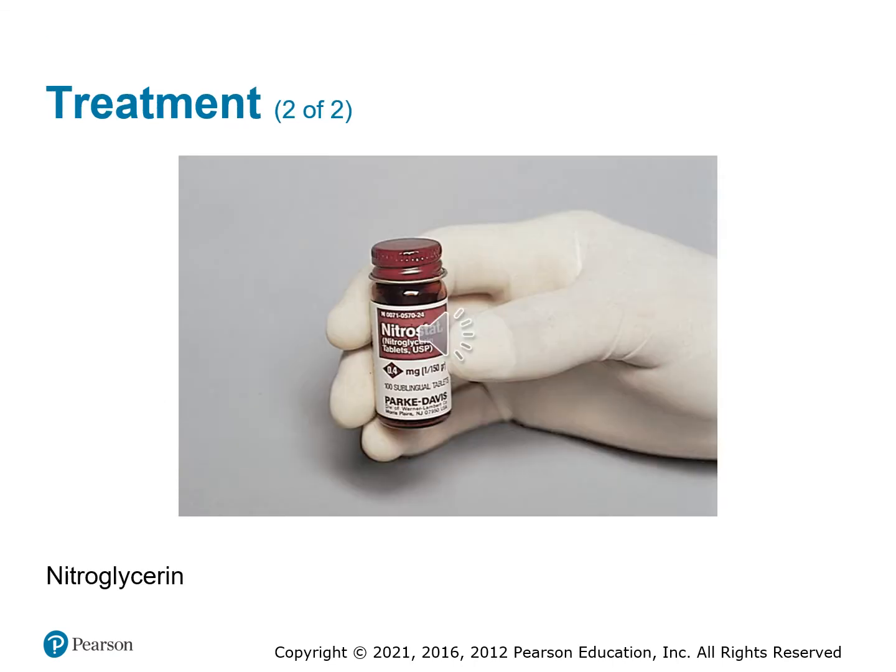Nitroglycerin comes in a couple of different ways. Here on the screen you can see the bottle of nitroglycerin. This has small little tablets in it, and those tablets are placed under the tongue. They will dissolve on their own, but they are placed there because of the mucous membranes and their rapid absorption into the bloodstream. The other form of nitro comes in a spray.